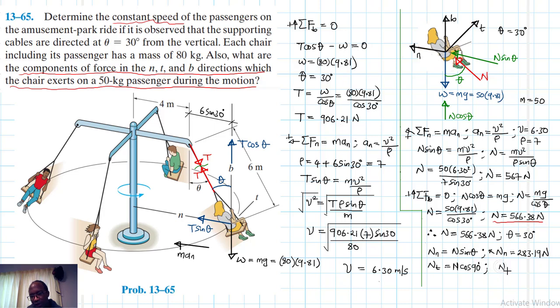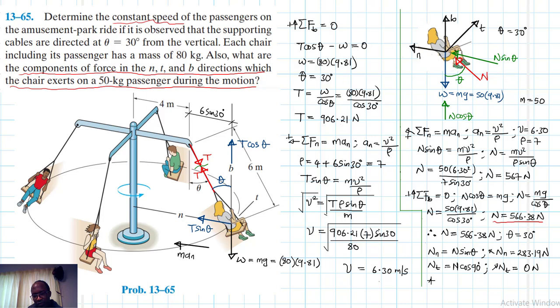Therefore we know that our NT is just going to be equal to 0 newtons, because the angle between N and that axis is 90 degrees. All right, and cos 90 is 0.